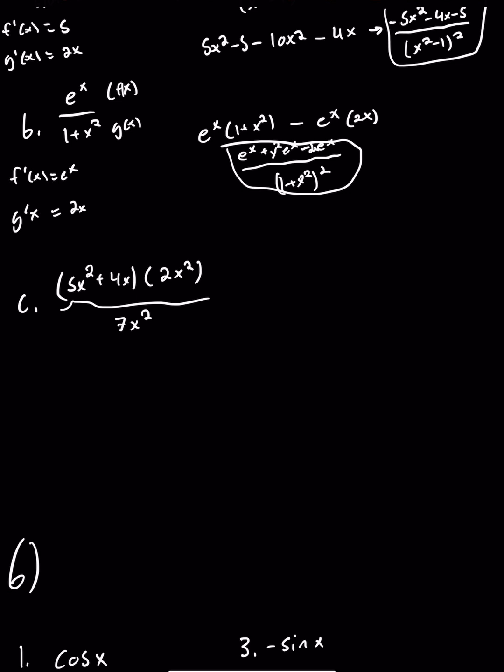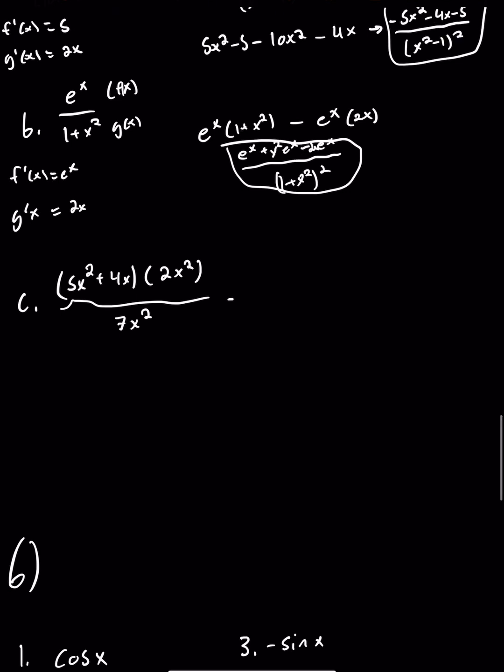Okay, lastly, let's look at this one. So for this one, it's actually going to be separated. So what it's going to need to be is, by rewriting it, you can make it into that times 2x squared. So you're going to want to take the product rule of this and then multiply it by this.